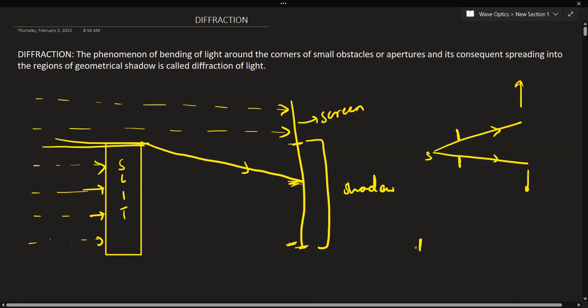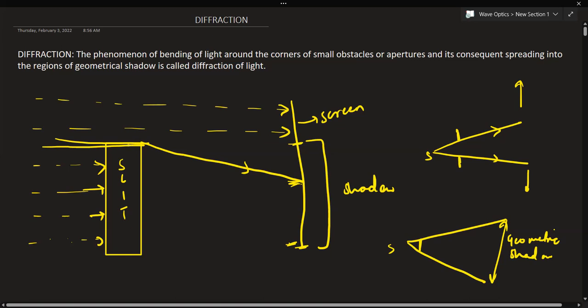And if you take a very, very small obstacle like this and a source of light, from this source of light, this part we'll be getting the geometrical shadow. So this is just an example. Basically, this bending of light that is occurring is what is known as diffraction.